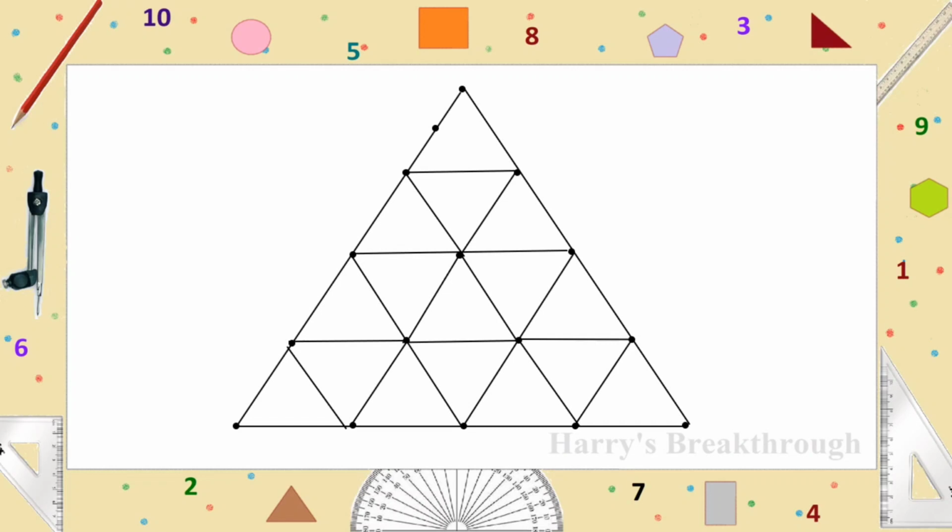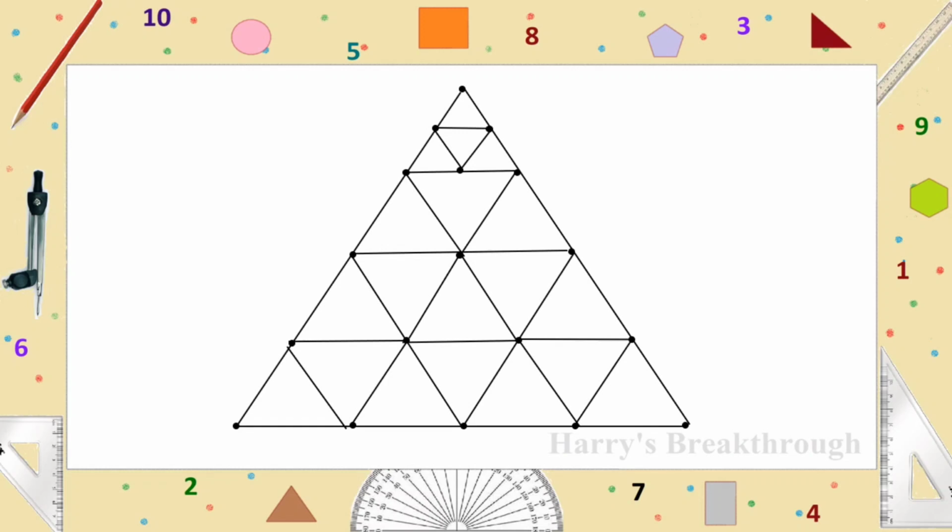And then you have to mark a point at the midpoint of this side. Like this, you got 3 points and you have to join these 3 points. Like this, you have divided this triangle again into 4 small triangles.